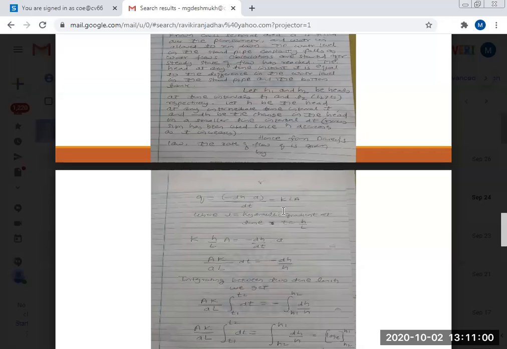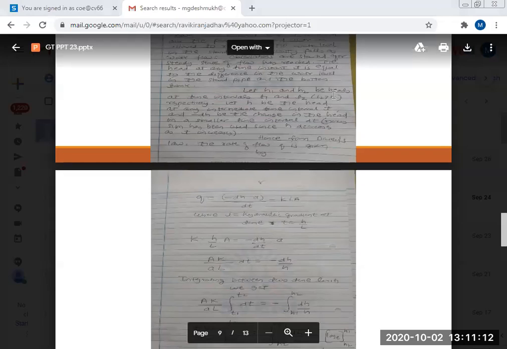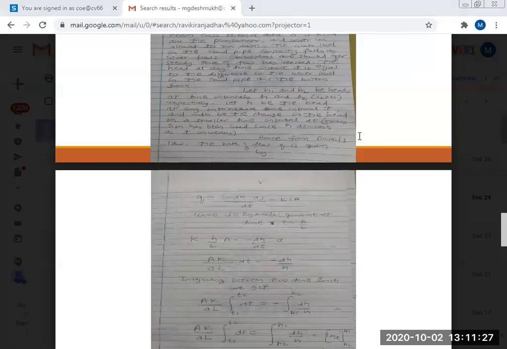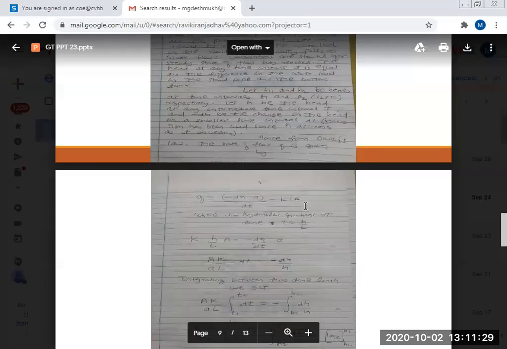And this is nothing but, from the Darcy's law, KIA.